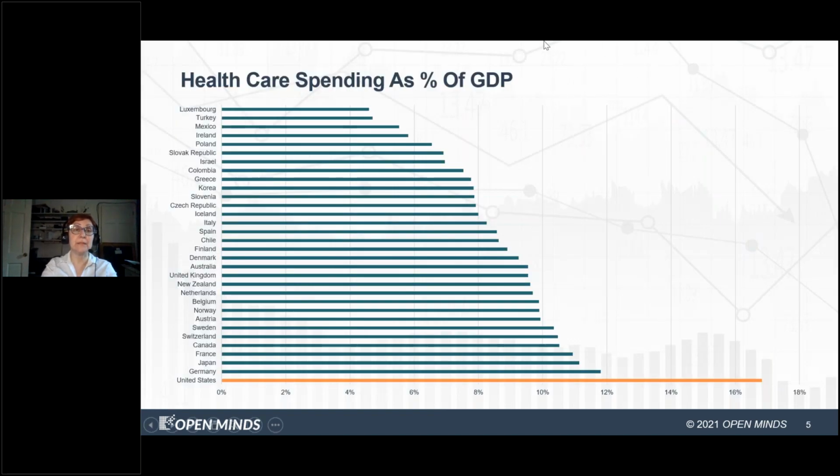So these next slides, I think, are really important because they begin to talk about how the United States is different from our partner countries.